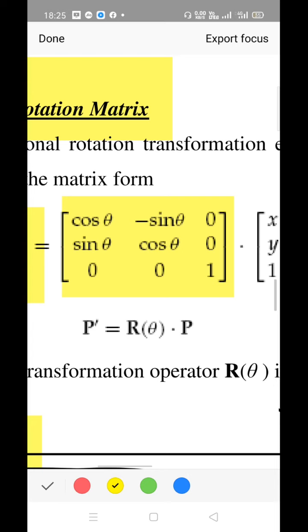Unlike our previous discussion on translation, where we added tx as well as ty, so the third parameter in the first row was tx, the constant value for the x axis, and in the second row ty.